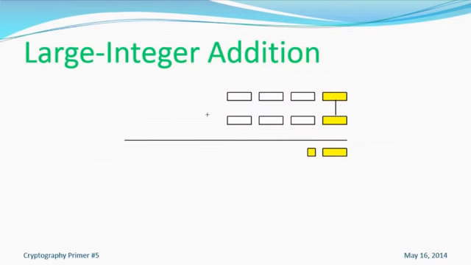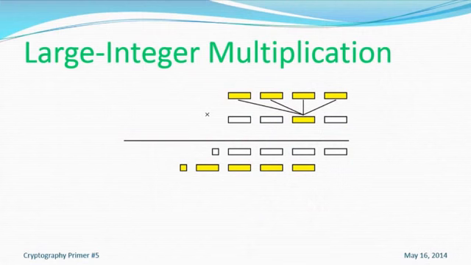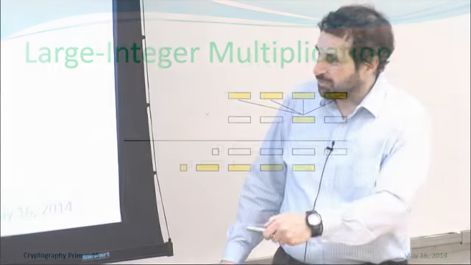OK, what about multiplication? Well, we multiply also the same way we learned to do it in elementary school, but it's going to be a lot slower, right? When we multiply, we start out with a value here, and we multiply it by each thing there, and we get this with a remainder. And then we move over to this block and multiply this block by this block and this block by that block, and you sort of go through that line, and go through that line, and go through that line.